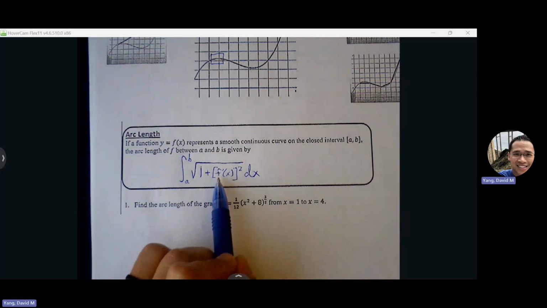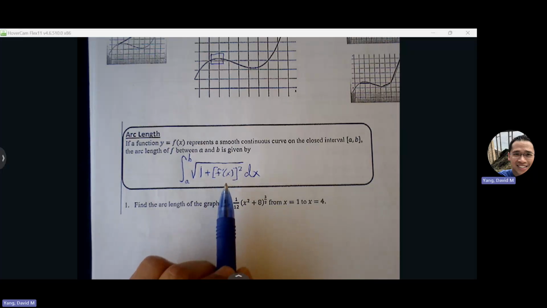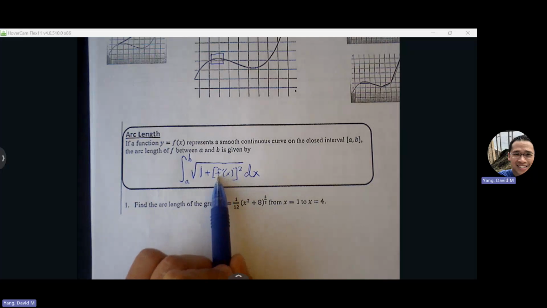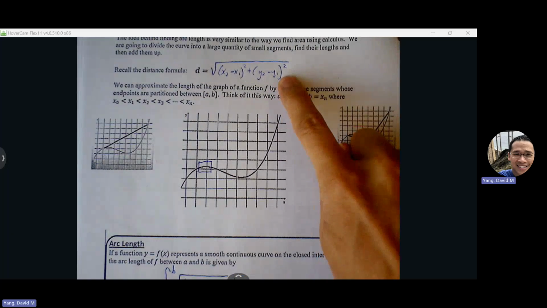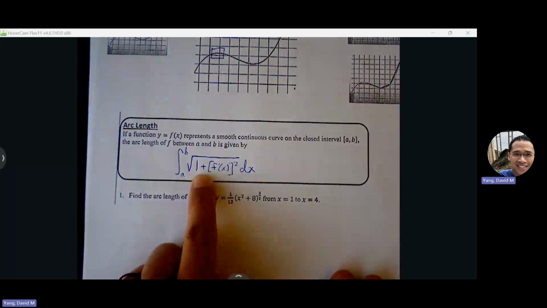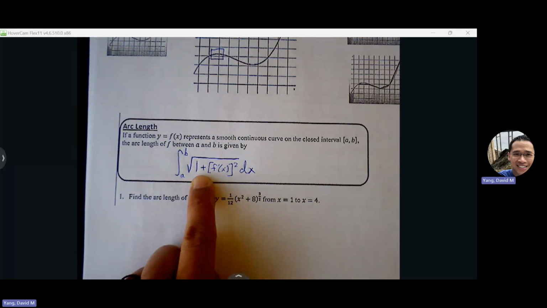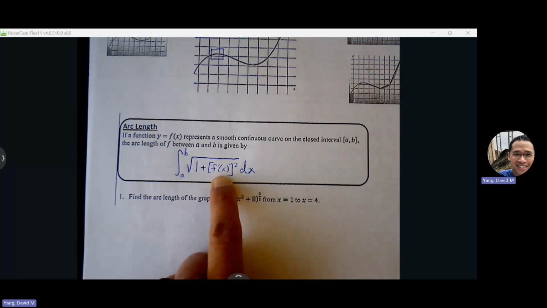We're using f prime in the formula because of the connection to the infinite number of tangent line segments that we're adding together. You can see the resemblance between the distance formula algebraically and this, which is essentially distance along a curve involving calculus.